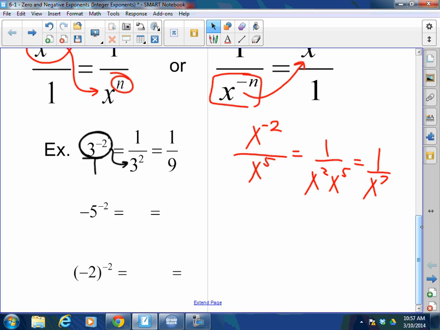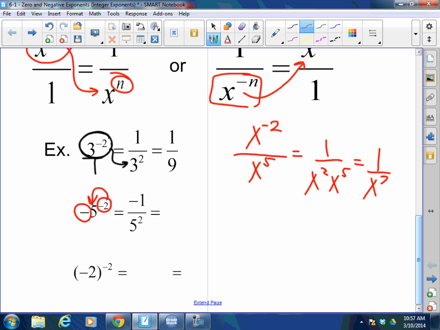Hey. Now I have negative 5 to the negative 2. Who is the negative 2 affecting here? The 5 or the negative 5? Just the 5. Very good. So what happens here is the negative 1 stays in the numerator, but I got to bring that 5 to the negative 2 down to the denominator. Do you see what happened there?